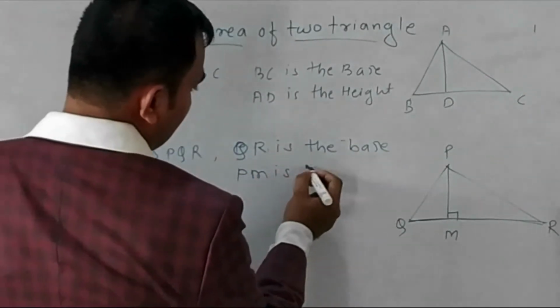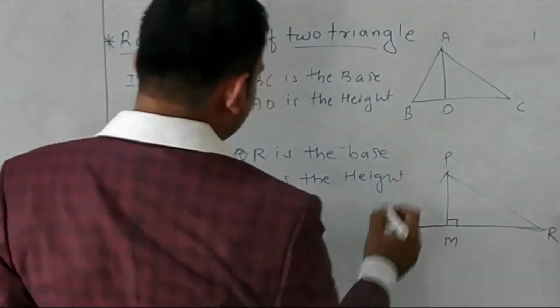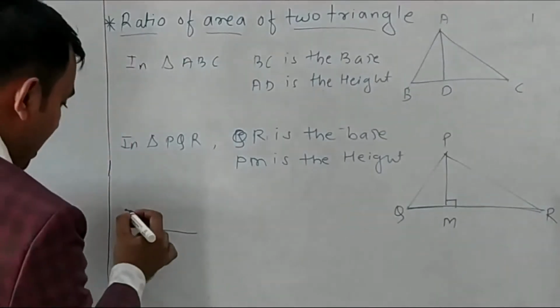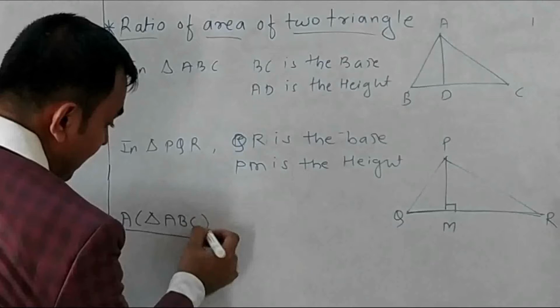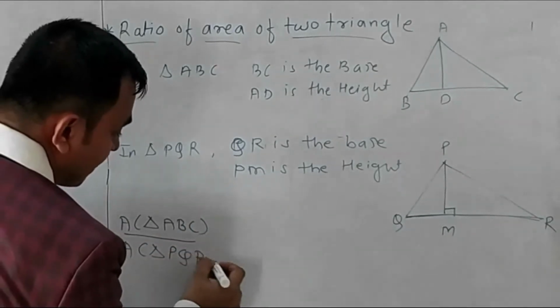Find out the ratio of the areas of the two triangles. So this line means ratio: area of triangle ABC upon area of triangle PQR.